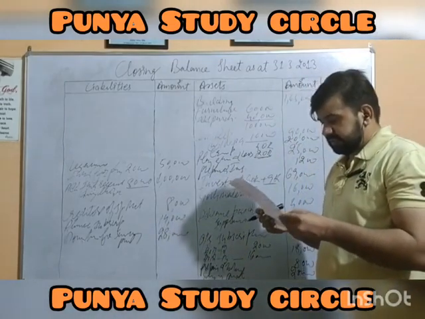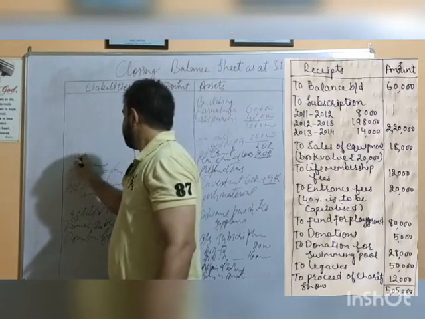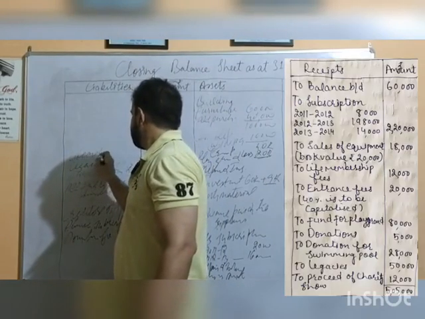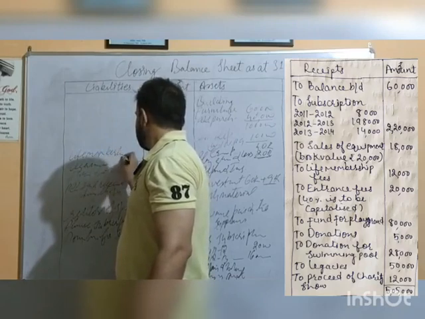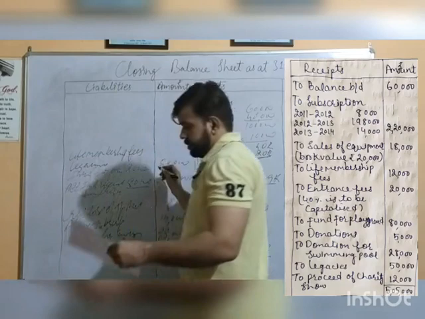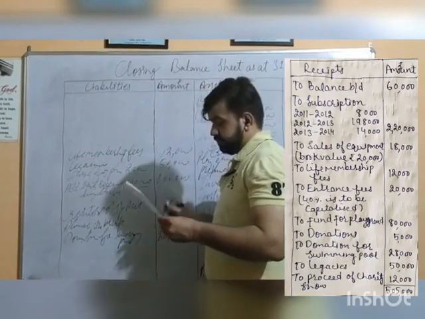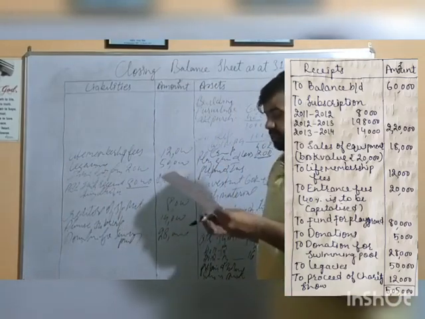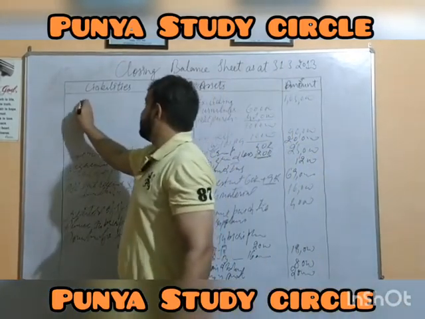Let me check other things. Life membership fees. Not bigger amount, just rupees 12,000. Then capitalized portion of entrances. It is to be added to the capital fund. Very first we are writing here capital fund.